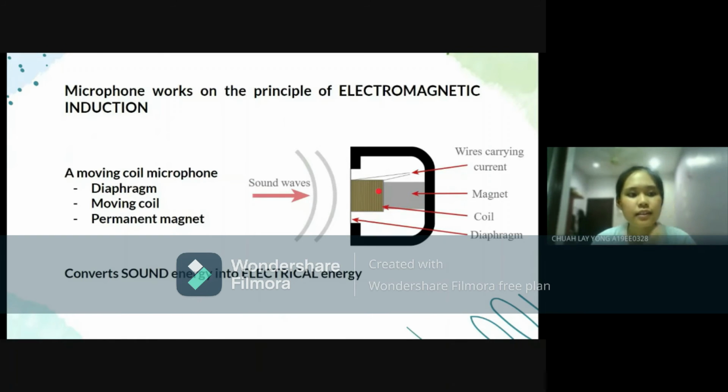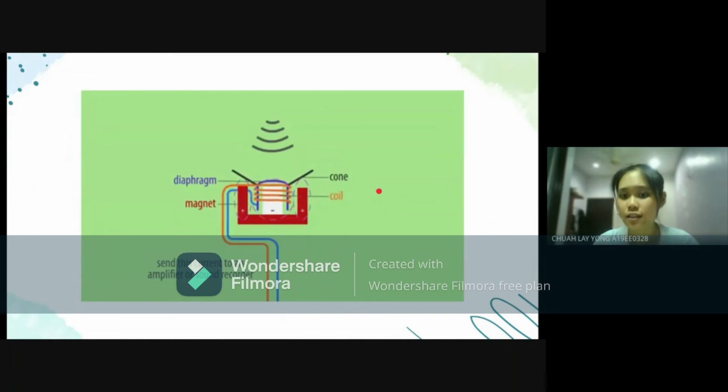We can have a look at the illustration here to have a better understanding. Here is the incoming sound wave to the diaphragm, and the diaphragm vibrates and moves the moving coil back and forth around the permanent magnet. We can see the current is then induced, and the electrical signals that are converted will be directed to the loudspeaker or the amplifier through the wires.